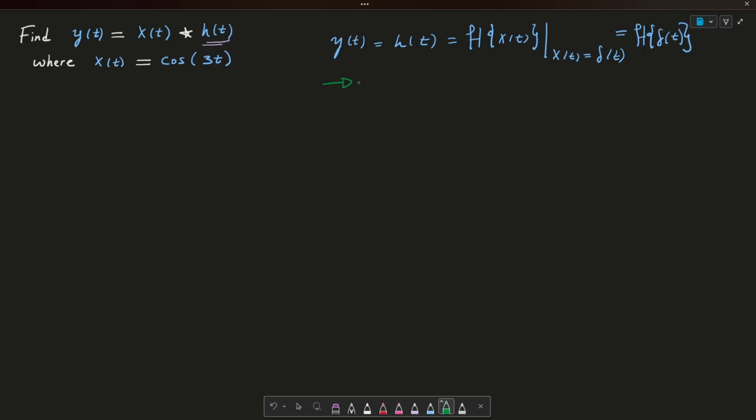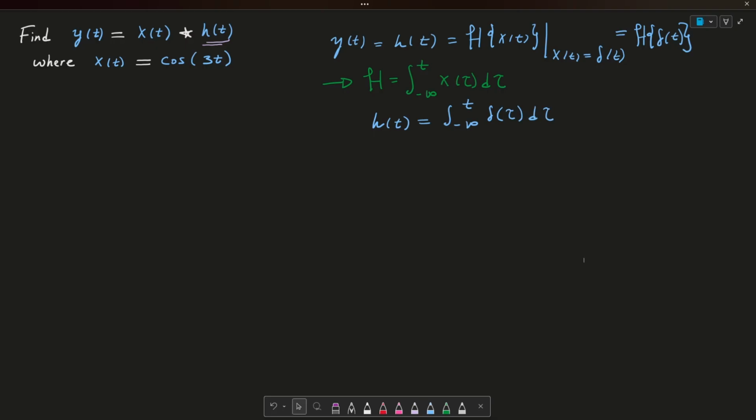From the previous slide, we said that the system h is basically the integral from negative infinity to t of my input x tau d tau. So again, that means that the impulse response h of t is equated to this integral from negative infinity to t when x of tau is delta tau d tau.